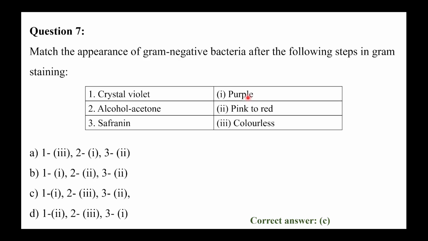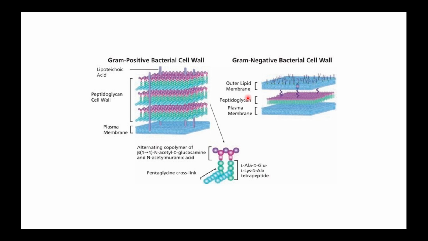So when you add alcohol to the crystal violet stained cells, what happens? The alcohol washes off the crystal violet. But gram positive bacteria have a thick peptidoglycan cell wall, and gram negative bacteria have a thin layer of peptidoglycan. So when you are washing the crystal violet out of the cells, it is easier for gram negative cells to lose the crystal violet.